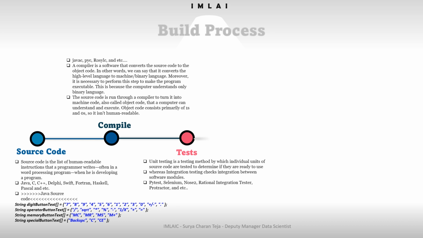Unit testing tests each part of the program and shows that the individual parts are correct, whereas integration testing combines different modules in the application and tests them as a group to see that they are working fine.